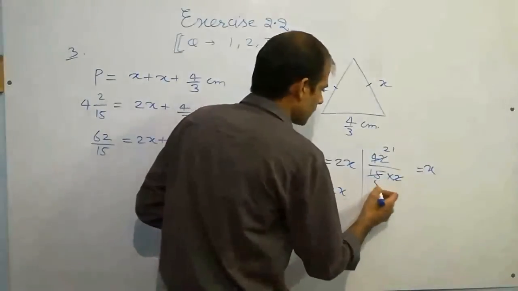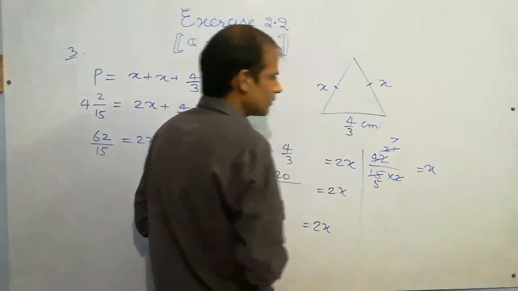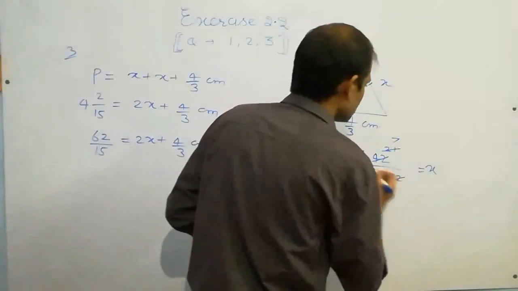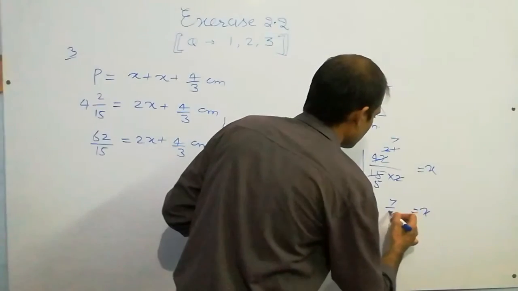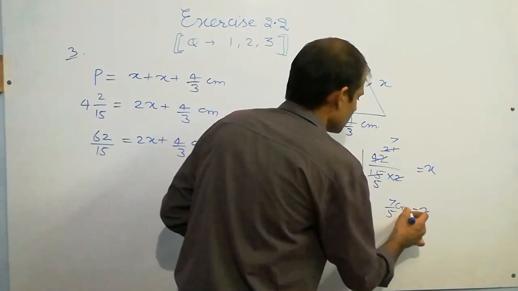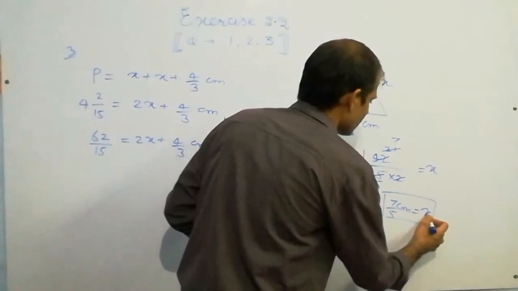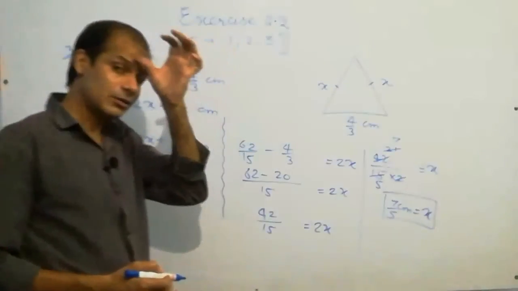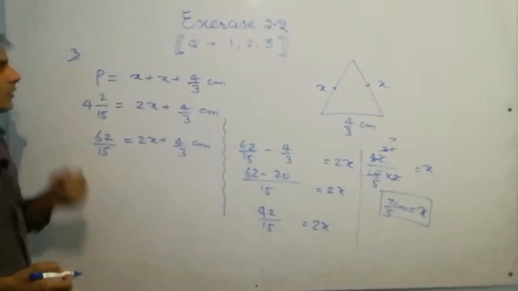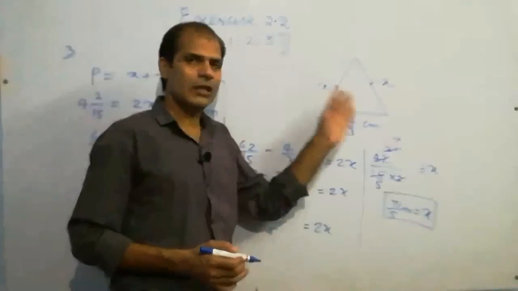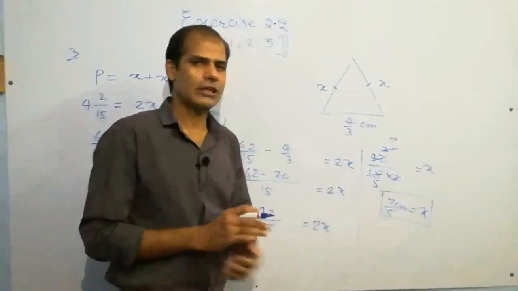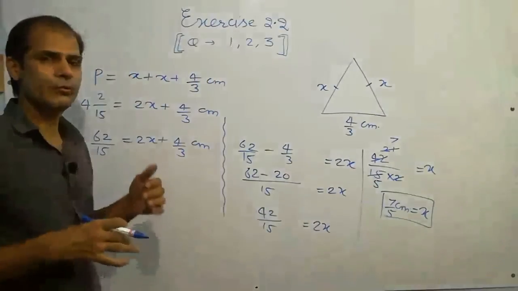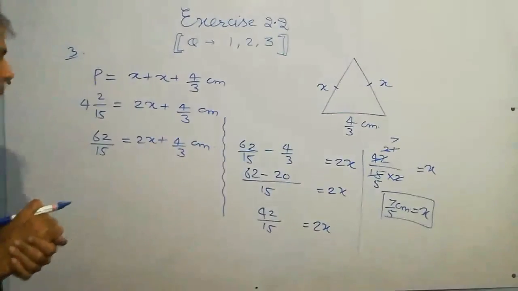So 3 fives are 15, 3 sevens are 21. So x will be 7 upon 5 centimeter. So you can write your answer: the length of each equal side is 7 upon 5 centimeter. You can convert it into a mixed fraction also.